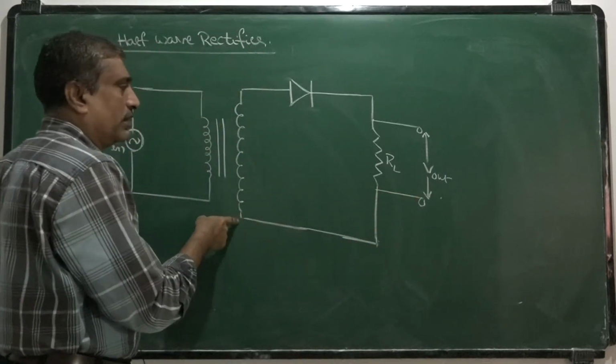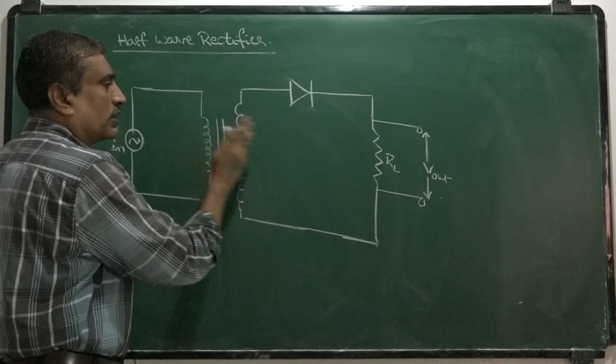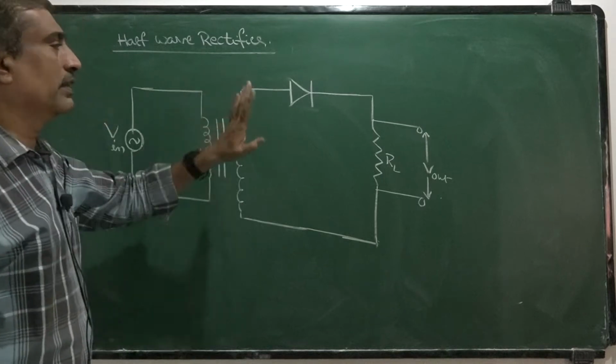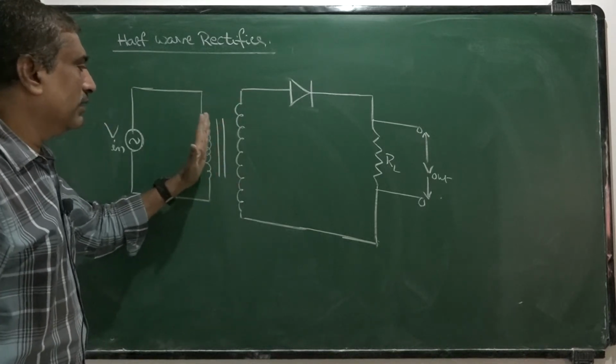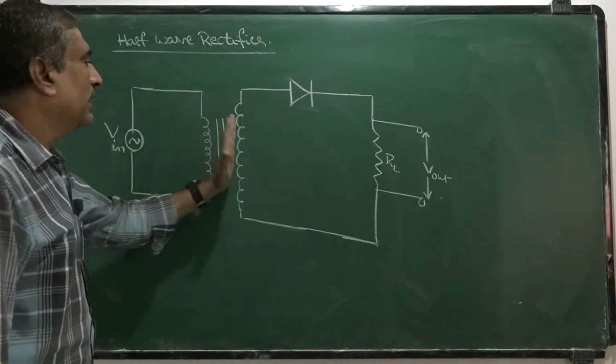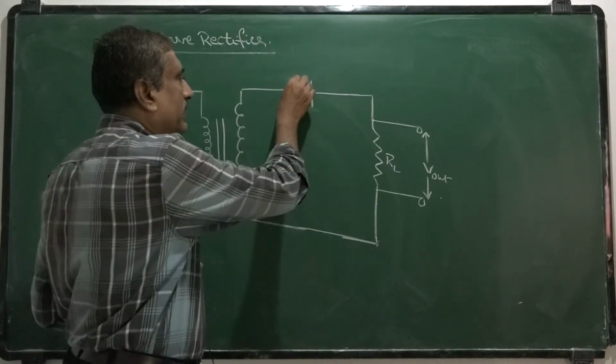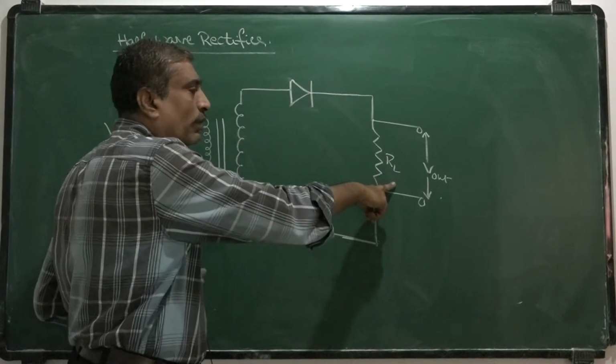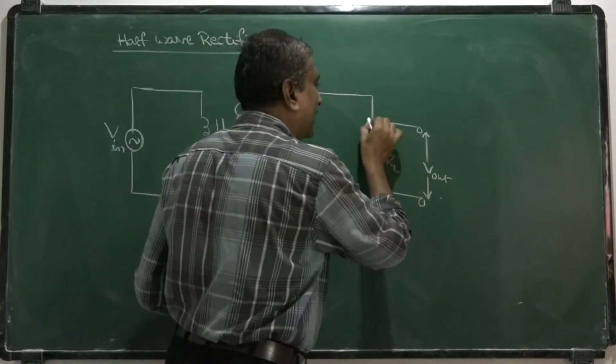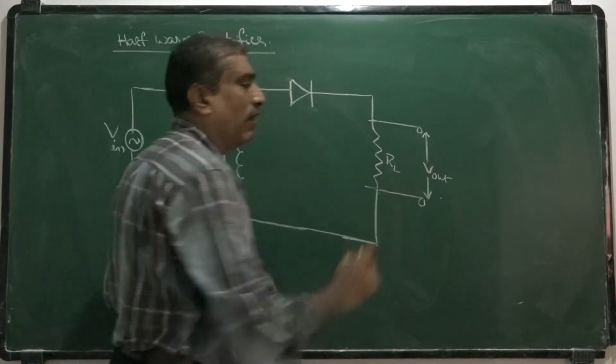So this is the circuit for the half wave rectifier. The primary is connected to the input, and the secondary is connected to the PN junction diode in series with a load resistance, and the output is taken across this load resistance RL.